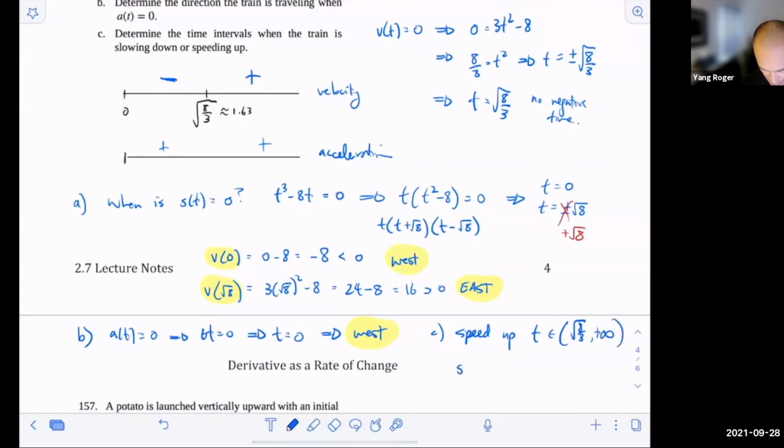And it's slowing down when t is in the interval from 0 to rad 8/3. Does that make sense to everybody? So those are our answers here.